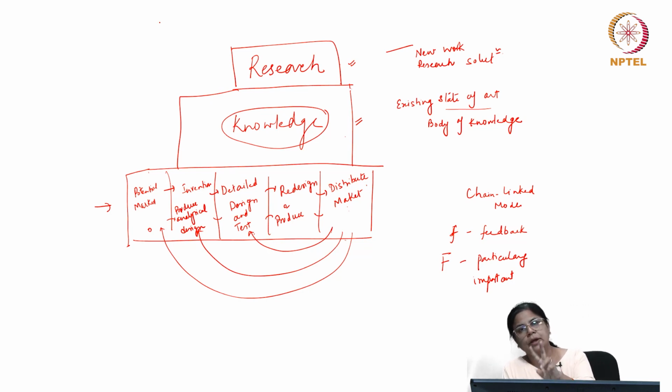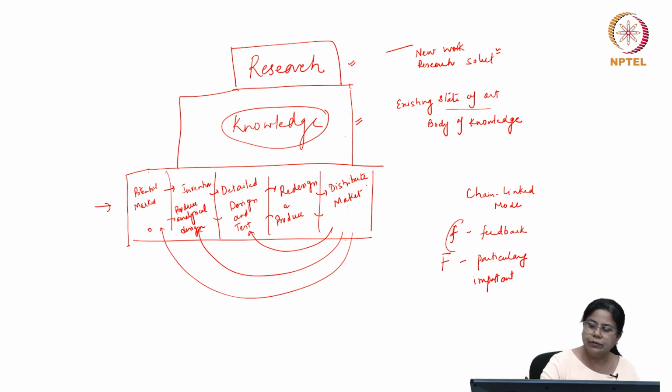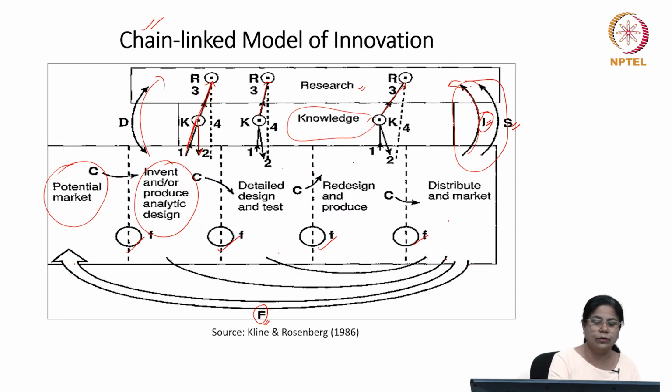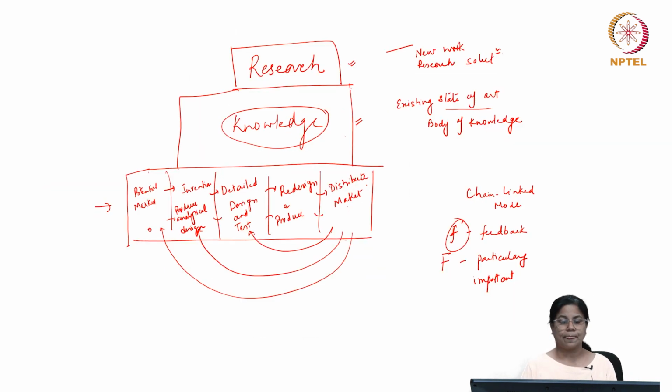The feedback is now introduced at 2 levels. One is a very basic or general interaction which needs to be done in order to take the work forward, or the major feedback which has to go. So there is a use of the word F, and then there is a use of the capital F, the major feedback and the regular feedback that emerges.